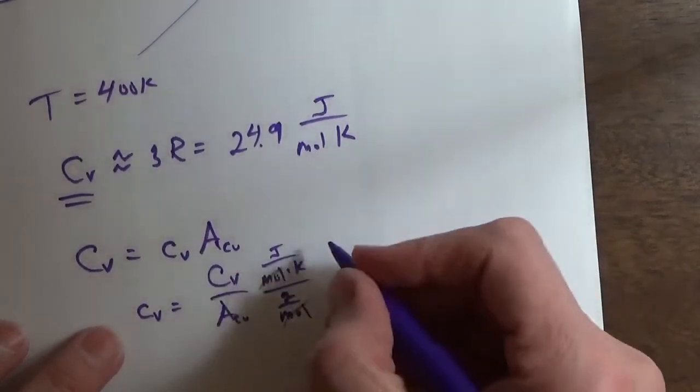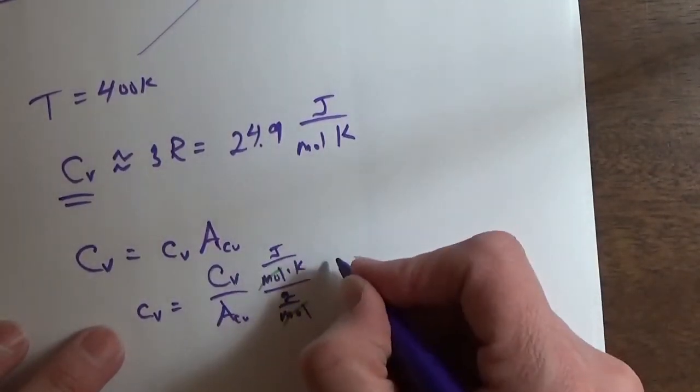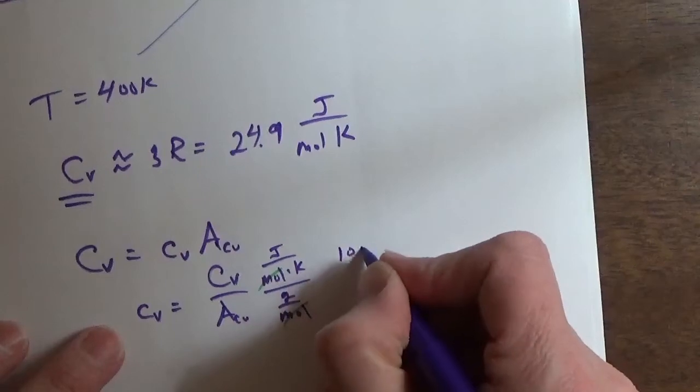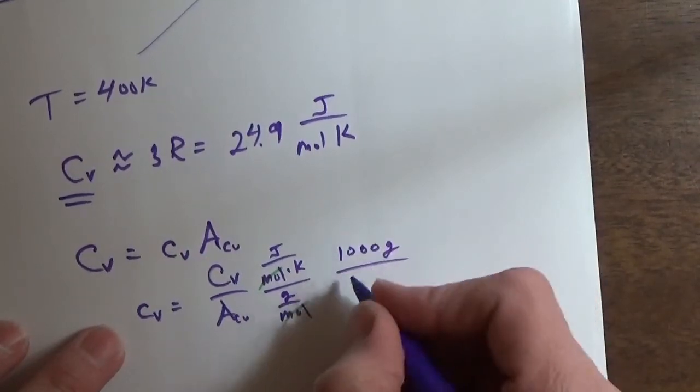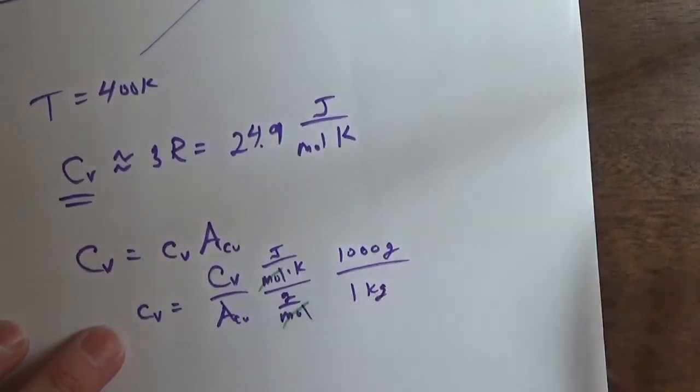And then we have to get rid of grams by having 1,000 gram per 1 kilogram.